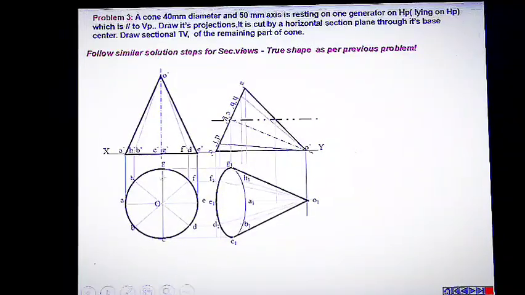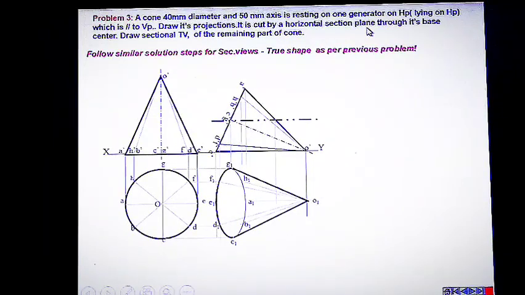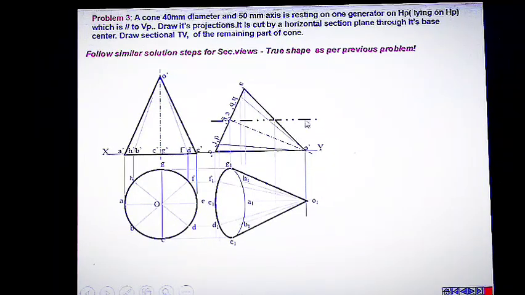See, here we can see this solid is sectioned by a cutting plane which is horizontal, cut by a horizontal section plane, which is passing through the center of the base. So the center of the base and horizontal cutting plane we have to draw on the elevation of the solid.